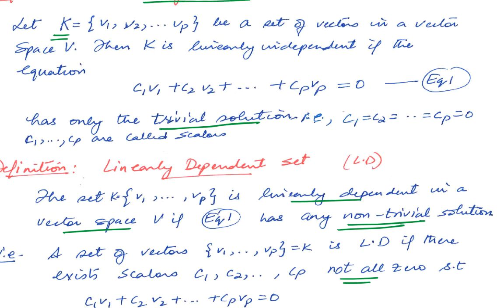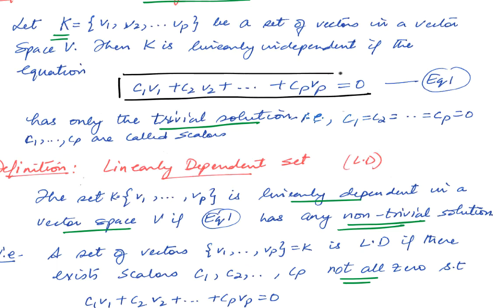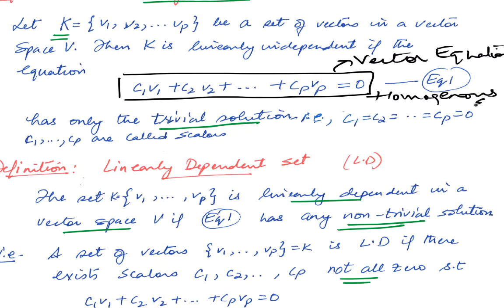So let me give you a recollection of things we have looked at. Notice this one is your vector equation. Not only is it a vector equation, it is a homogeneous equation. I want you to make sure that whatever we are doing always has connections back to things we started in the very beginning of the semester.